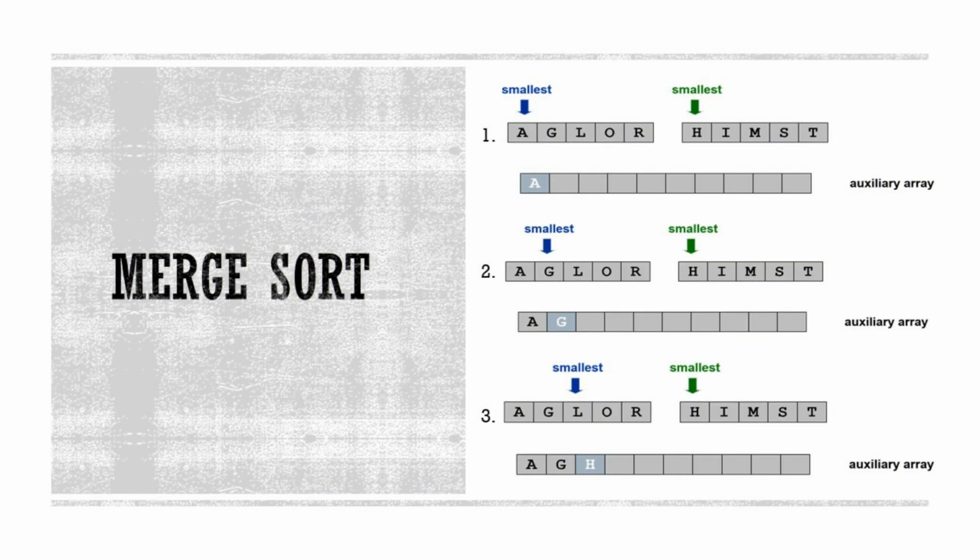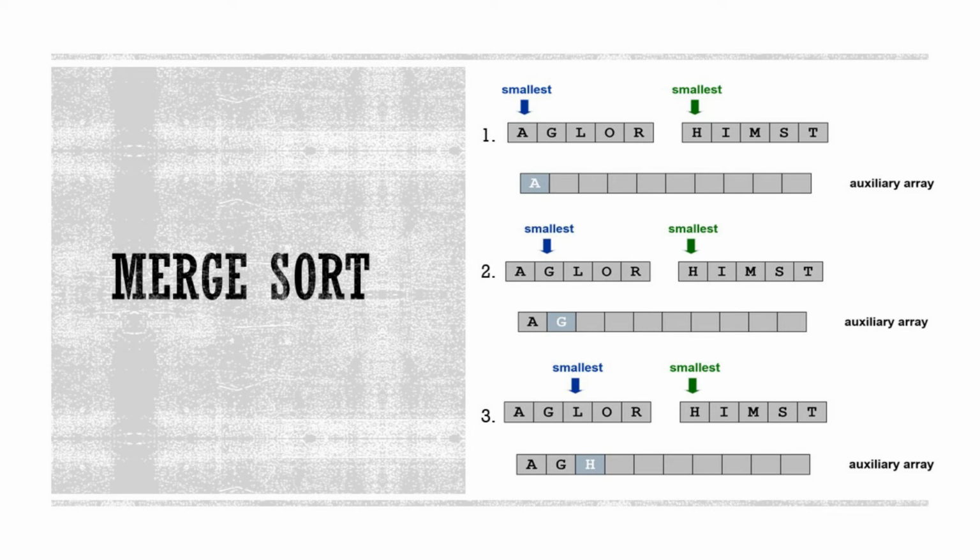So we take a look into the diagram for more detail. So the first one, we have two divided halves, which for the first one is AGLOR and the second one is HIMST. Both halves are already sorted.